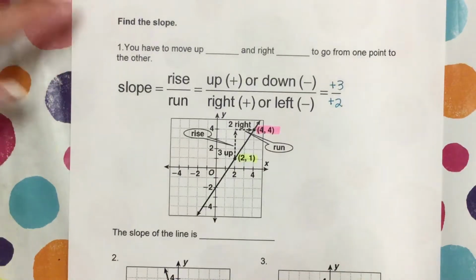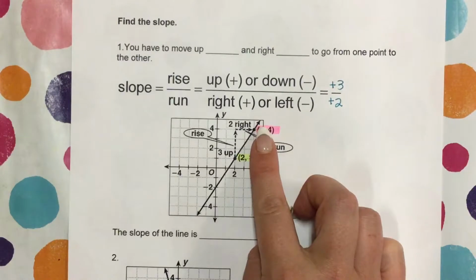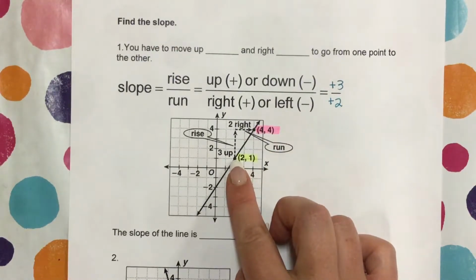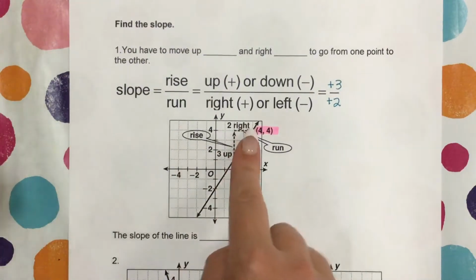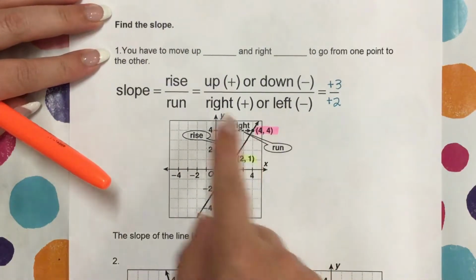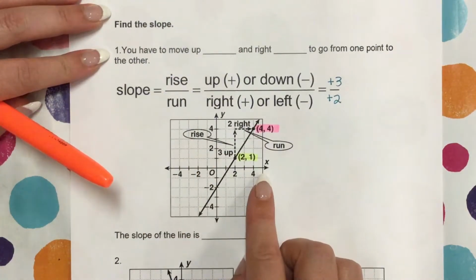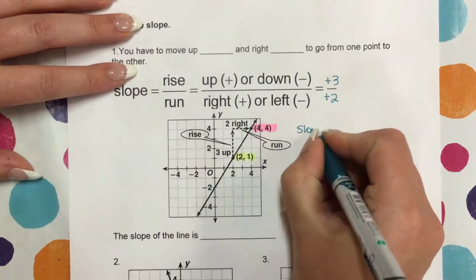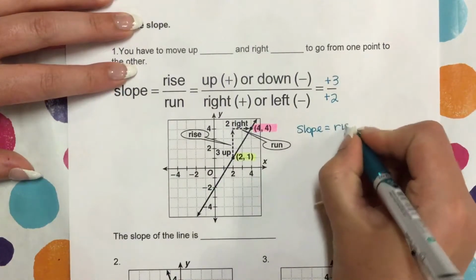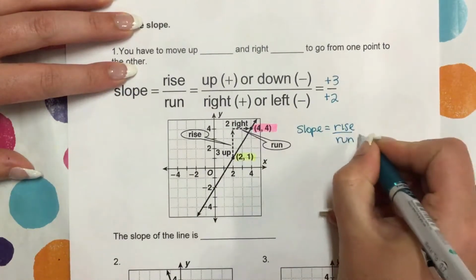Well, now what I'm going to do is start at 4, 4 and figure out the slope to go from 4, 4 to 2, 1. Okay? Perfect. So we're going to start here. You're always doing the rise first for the slope. So the slope equals the rise over the run.